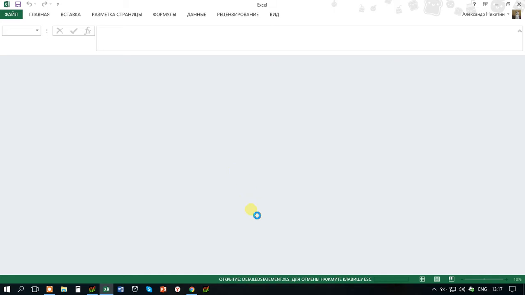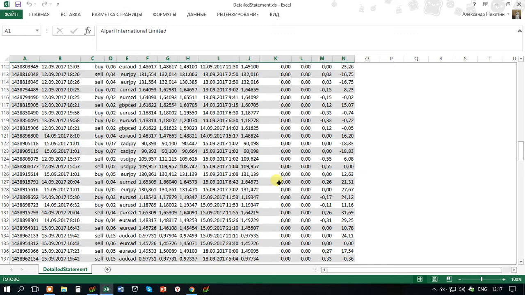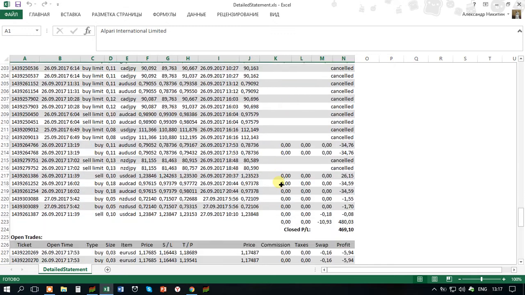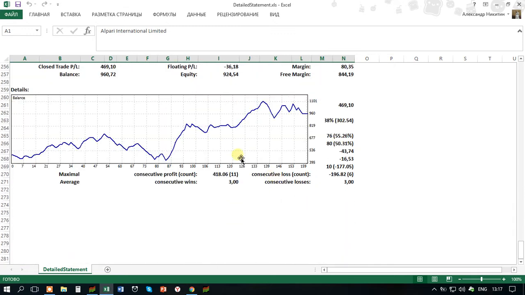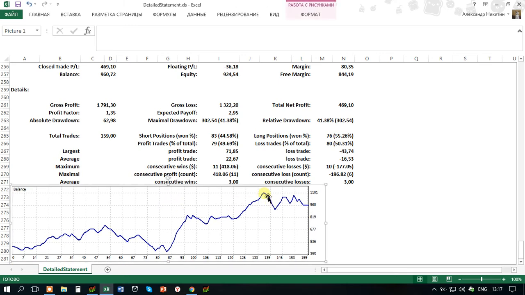Here is the statement, and here is the graph, it is somewhere lower. Okay, here it is. This is the graph, and this is the current 2-week drawdown. I'm moving sideways, something like this. It started on 19th September, and for almost 2 weeks I have been moving sideways.